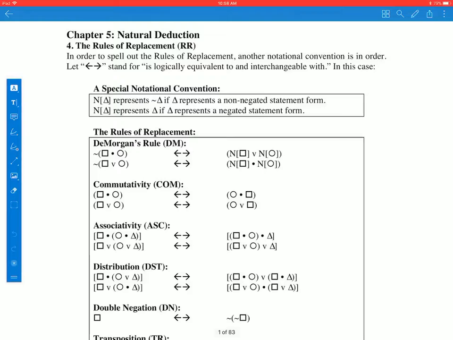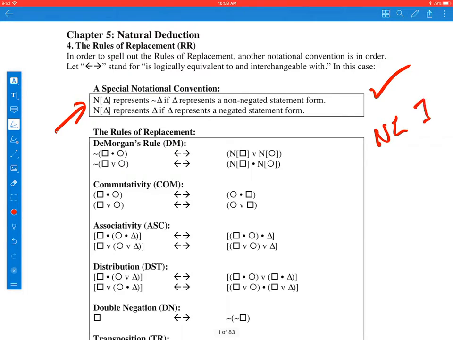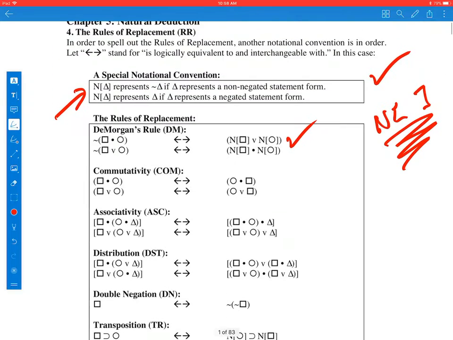Today I'm going to be introducing you to the rules of replacement that we use in natural deduction. A couple of things to understand. Recall that we have our special notation regarding negations. We have, in essence, a notation that means the opposite of, which we will use in De Morgan's.